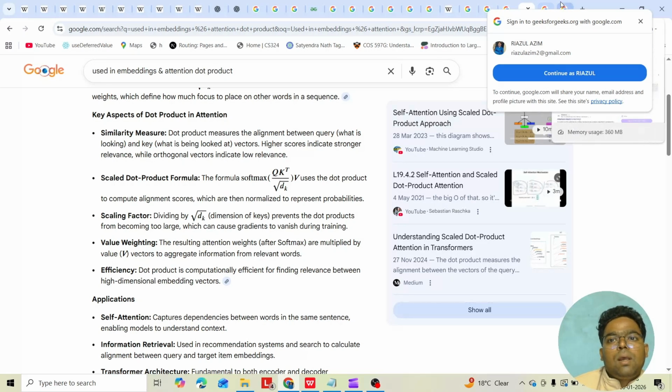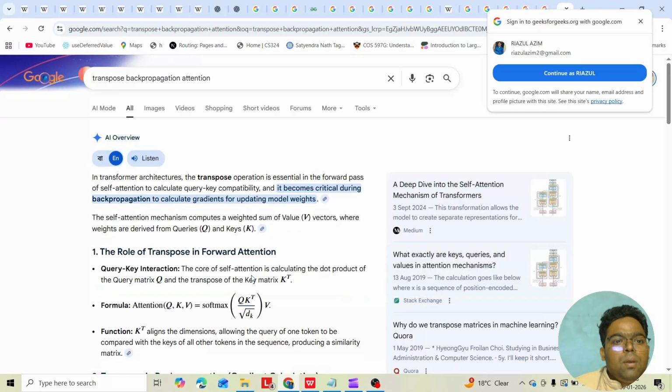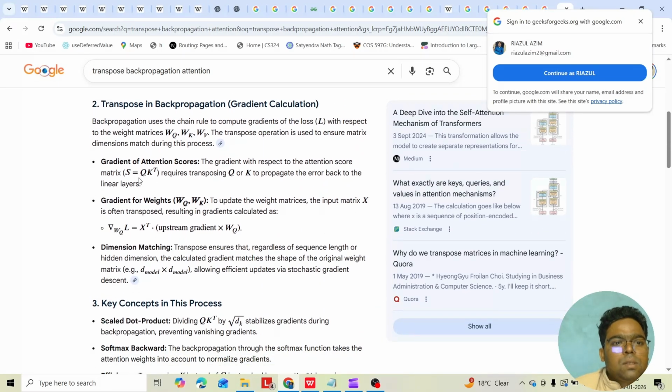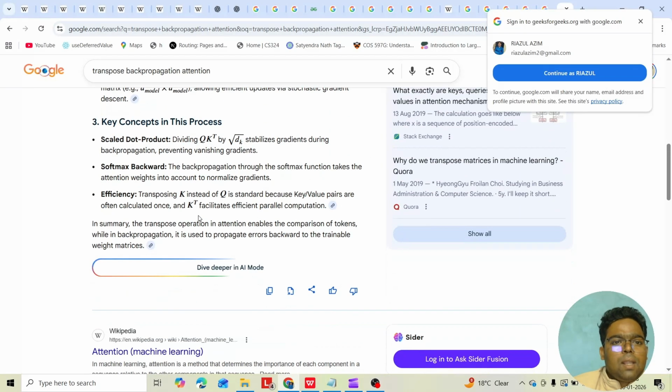And if you look at back propagation, you can see that Q into K transpose is the gradient of the attention score that I mentioned before as well. So yeah, that is covered.